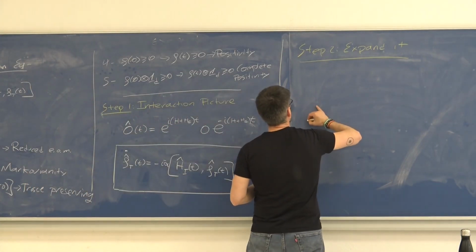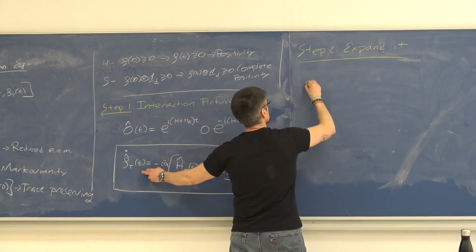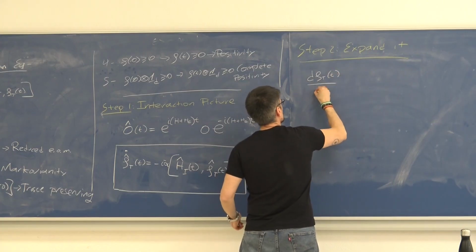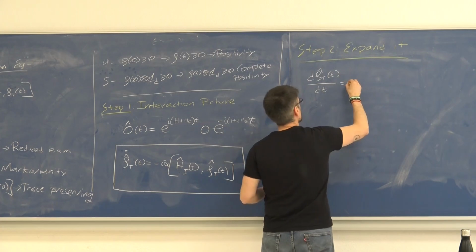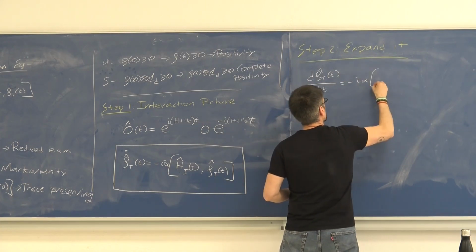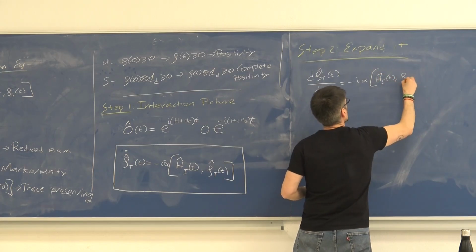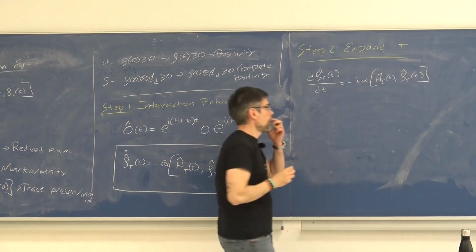This is not mathematically very accurate, but the result is. So imagine that we take this, since this is the only time I will write the derivative explicitly: interaction of t hat rho t of t hat, okay?